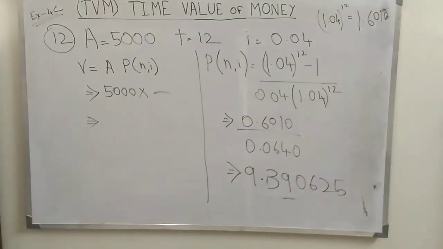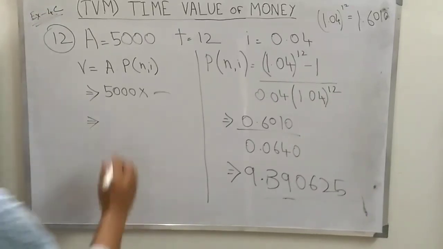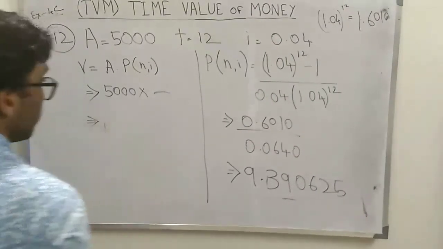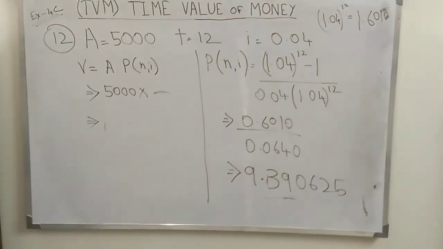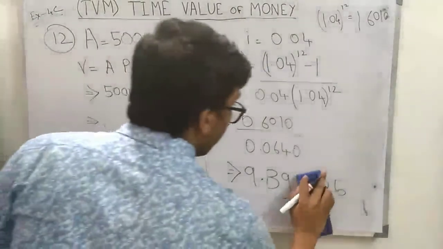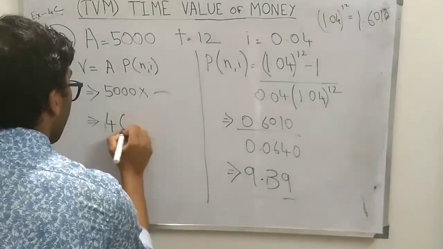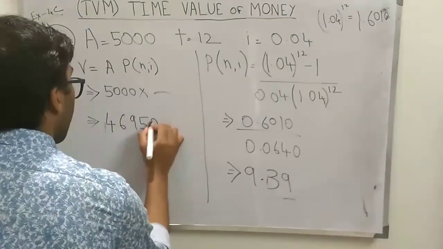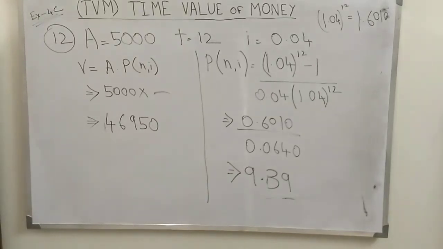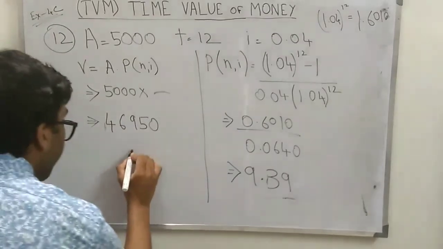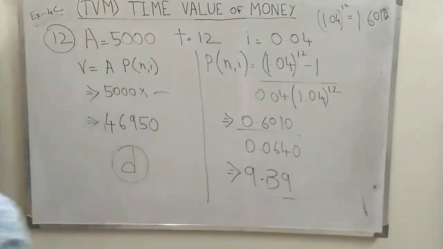The value is 46,953. Let us only take 9.39. Then 9.39 into 5,000 amounts to 46,950. In the book, 46,950 is nowhere given in the options. That means the correct option will be option number D.